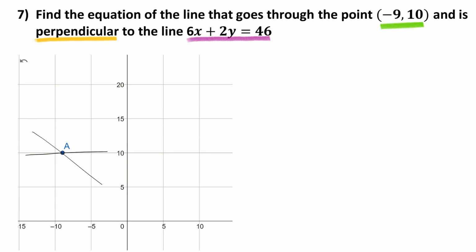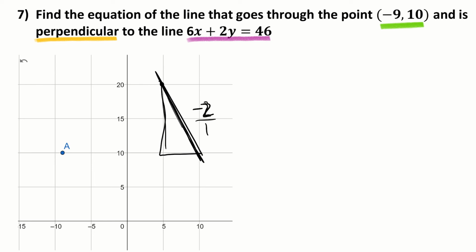Now, one of the things that we know is that if we have a slope of a line, let's say that this is down 2 over 1, right? So this is a slope of negative 2. If I want a slope that makes a right angle with that, what I have to do is take the opposite sign and I need the reciprocal.